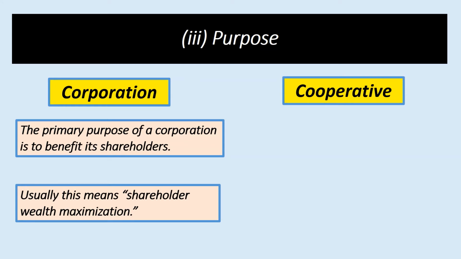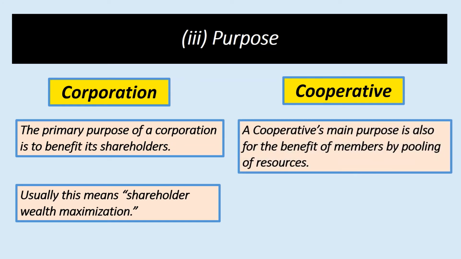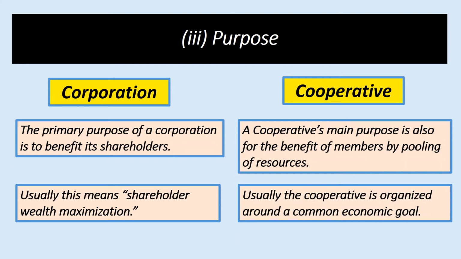You take the amount that he has invested in the corporation, and the management will look to maximize the wealth production from that. Cooperative, on the other hand, main purpose is also for the benefit of the members, but only by pooling of the resources of the members. Usually, the cooperative is organized around a common economic goal.